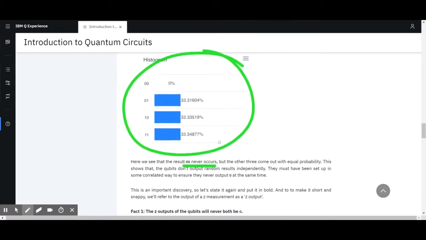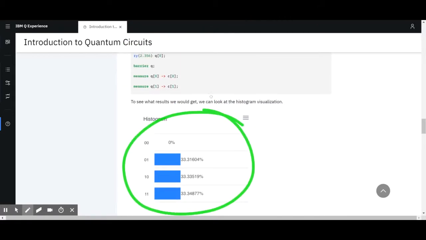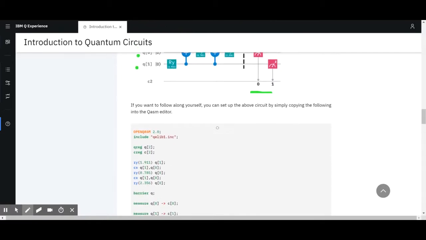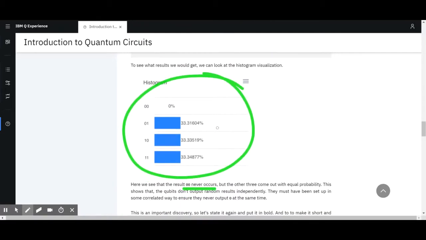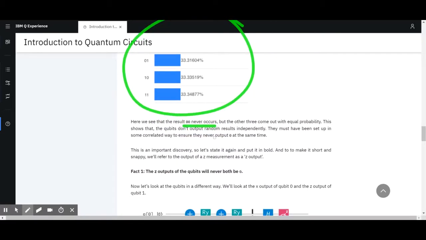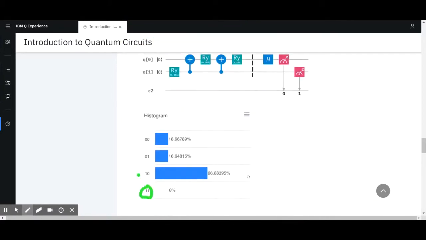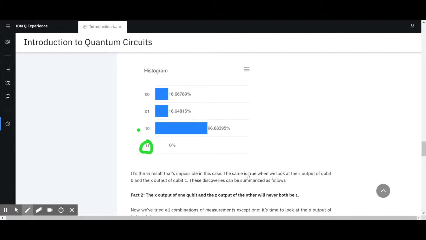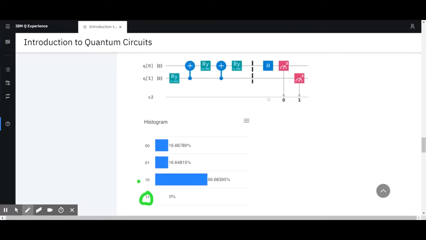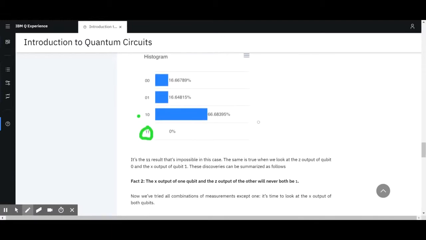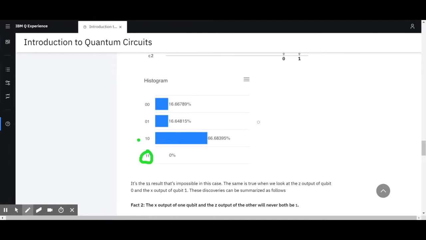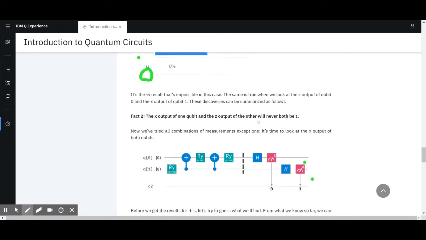So we first measure that, and we see that it can never be. The fact 1 says the Z outputs of the qubits will never be both 0. And the fact 2 says the X output of one qubit and the Z output of the other qubit will never be both 1.